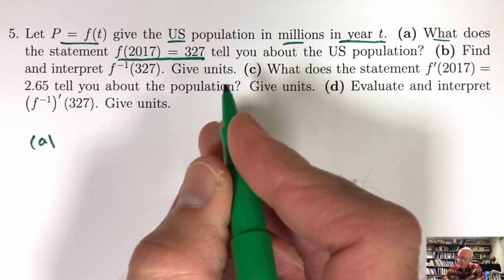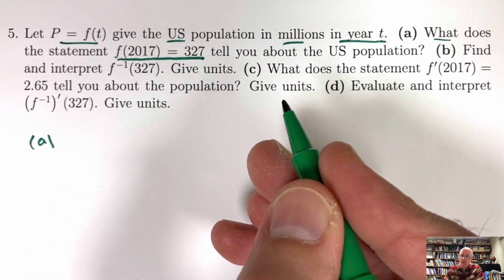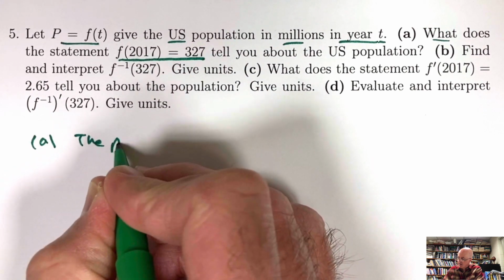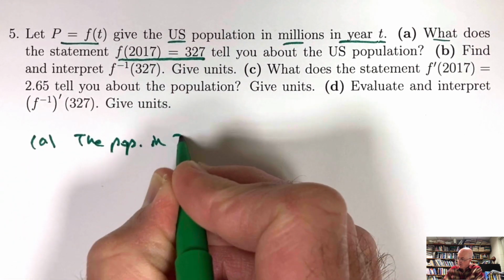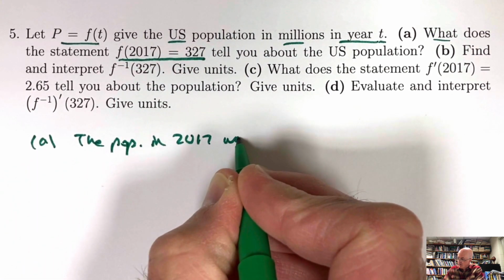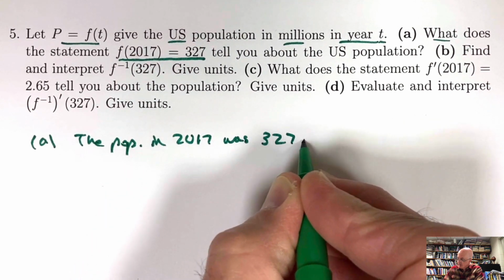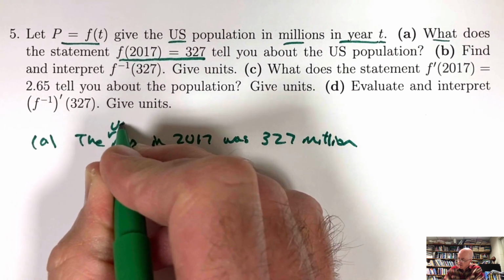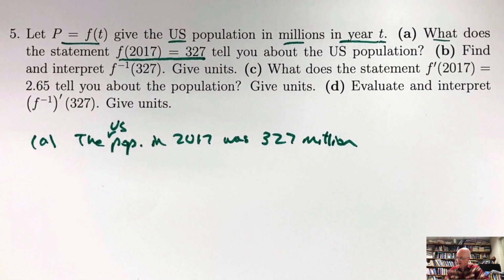That's telling you the population in the year 2017 was 327 million. The US population. All right, that's pretty easy.